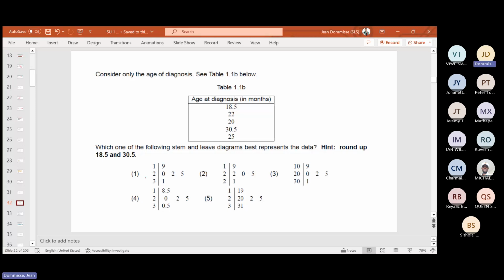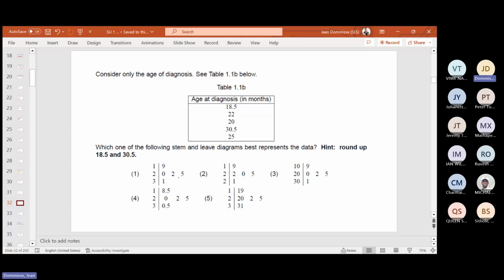What they also love, and you guys would have seen that in a previous, or we still will do it, where we look at the box and whisker as well. So that is one of the things that we love to ask in a paper, by giving you data and then give you options of how this data set is represented.